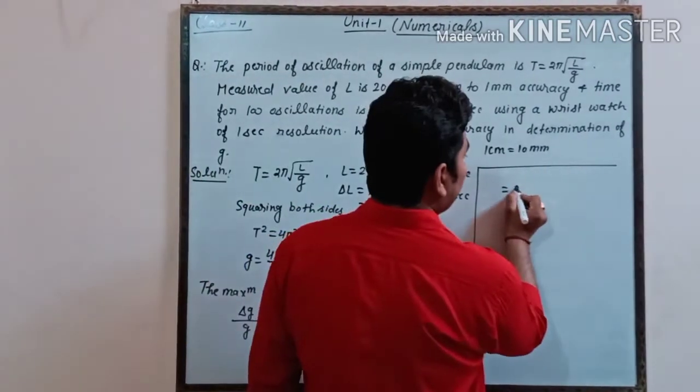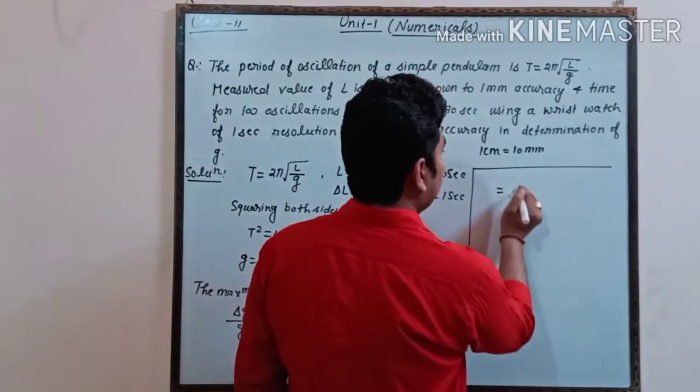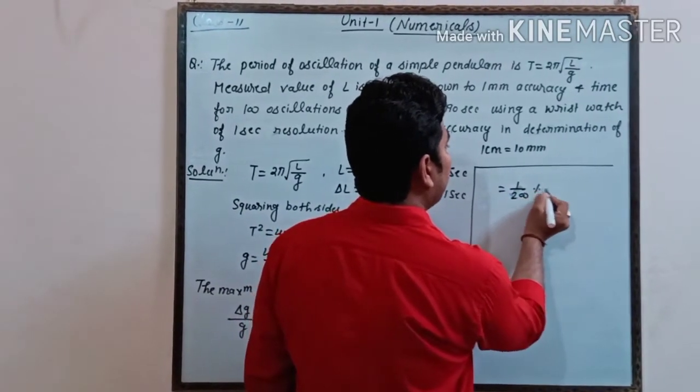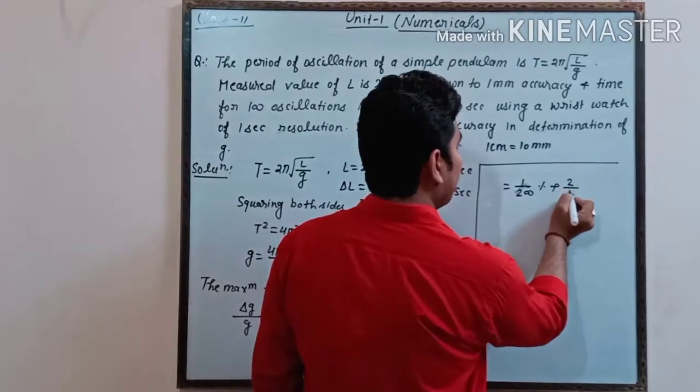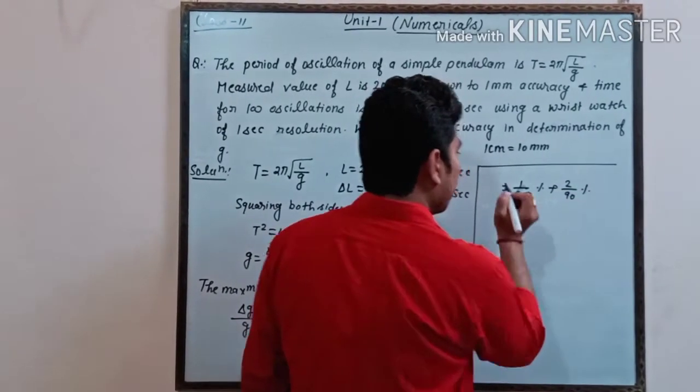So it will be 0.1 upon 20 percent plus 2 upon 90 percent.